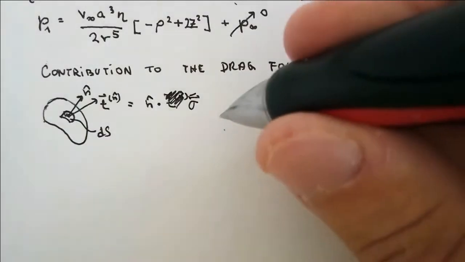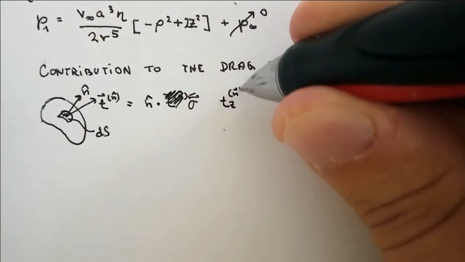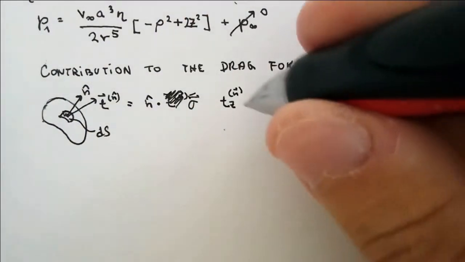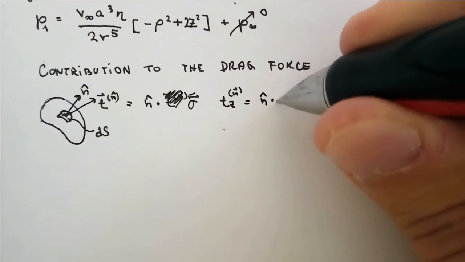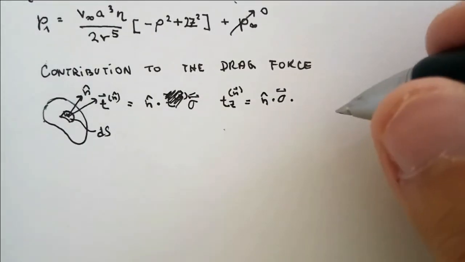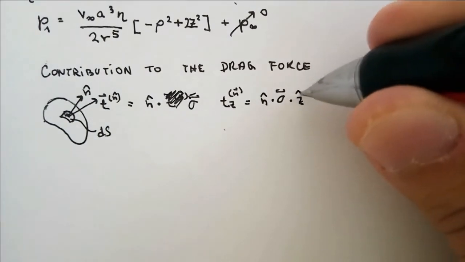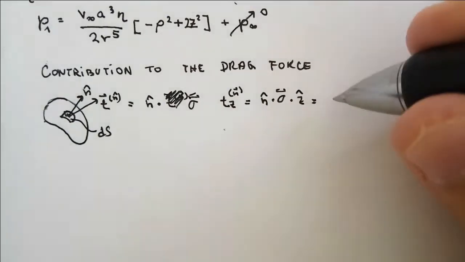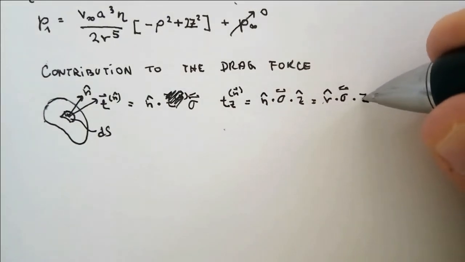But from the symmetry we know that we only have to know the z component of this force. So it's going to be n dot the stress tensor dot z hat, and for us n hat is r hat because we are dealing with the sphere.